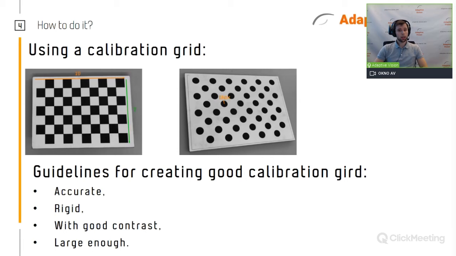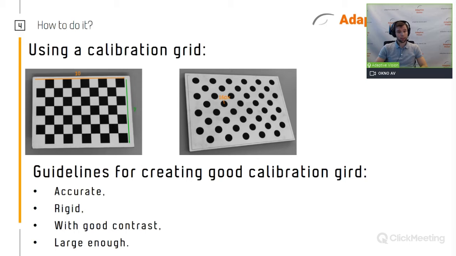It's important to have a known pattern because the calibration itself is presenting a known pattern to the camera, and then inside the software tracking information about the deviations from this known pattern, and basing on that creating a camera calibration model.